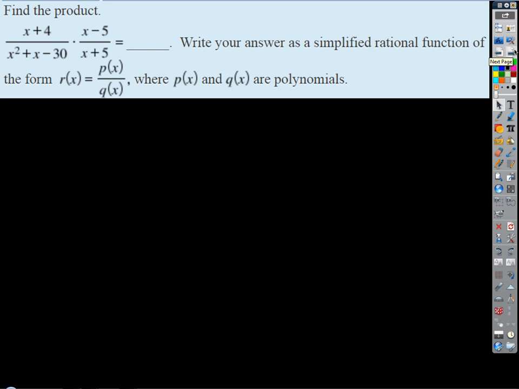Find the product. That's going to be rough. We just did this stuff. This ought to be really fresh in your mind. This is no big deal. We've done a million of these problems. There's going to be some variability in these, but you're good at it. So we got plus 6, x minus 5.